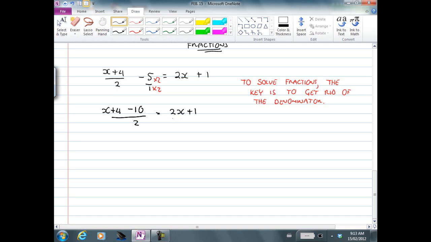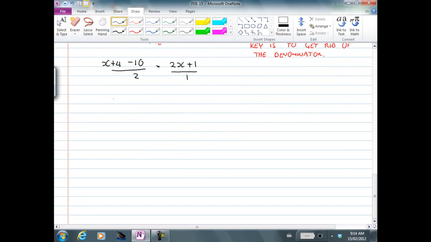I can rethink of this as saying over 1 if I want to. I'm going to simplify a bit further. That gives me x minus 6 over 2 equals 2x plus 1 over 1.